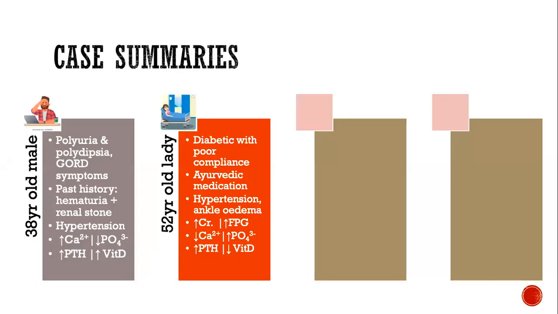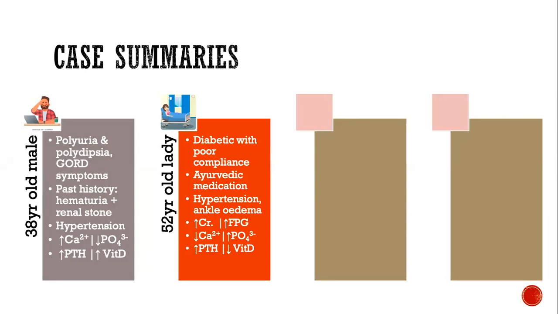Case 2, a 52-year-old lady, a diabetic with poor compliance on Ayurvedic medication, presented with hypertension and ankle edema. Her serum creatinine was increased with increased fasting plasma glucose.